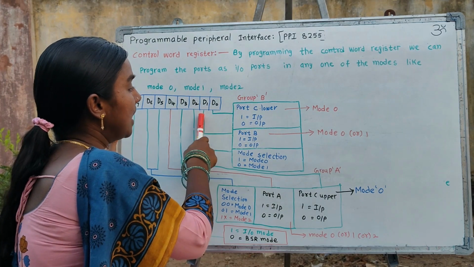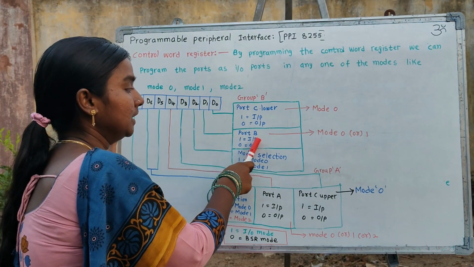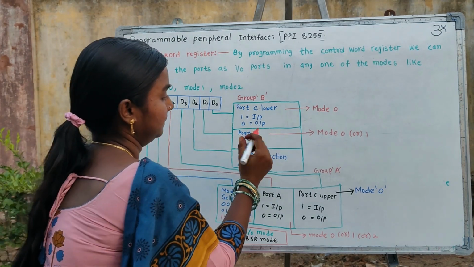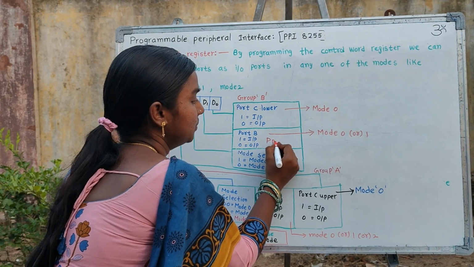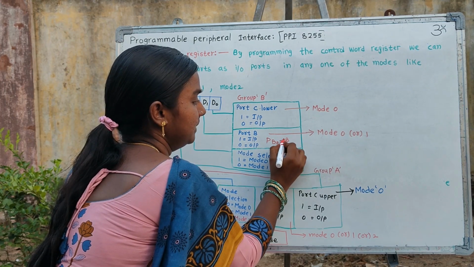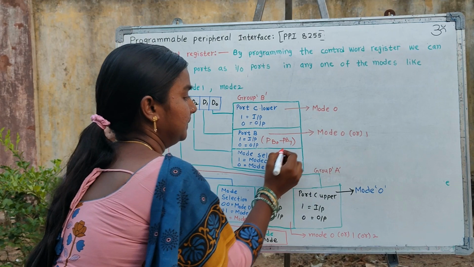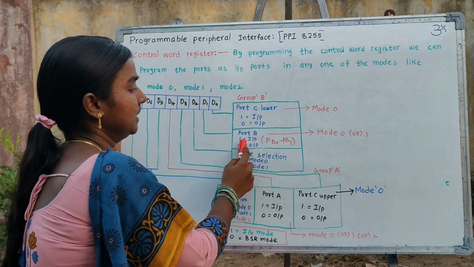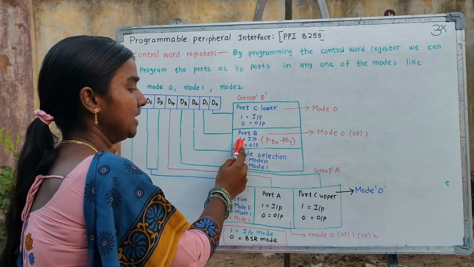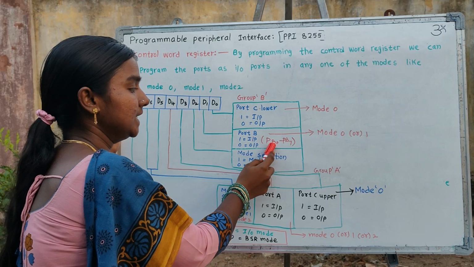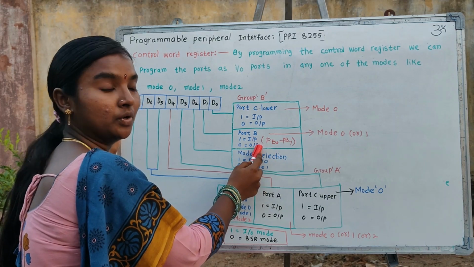If the value on D1 bit is 1, the port B lines, which we may consider as PB0 to PB7, these 8 lines are going to work as input lines. If the value on D1 bit is 0, these lines will work as output lines.